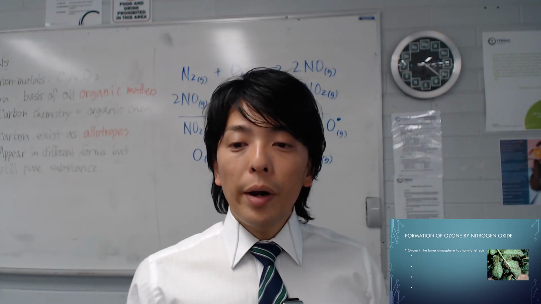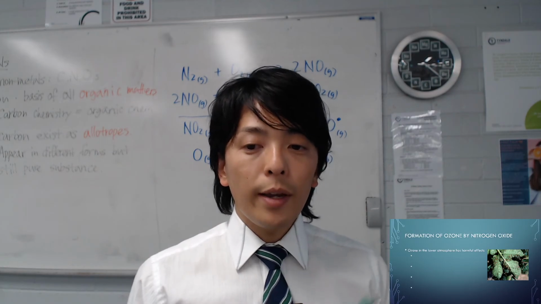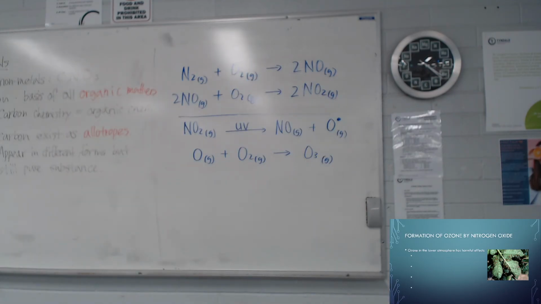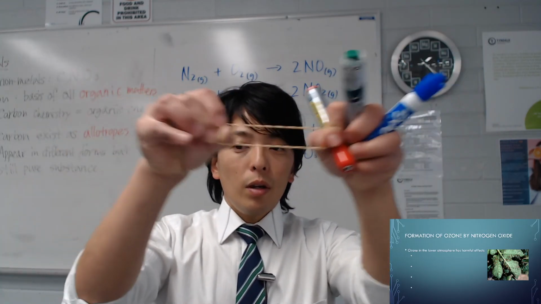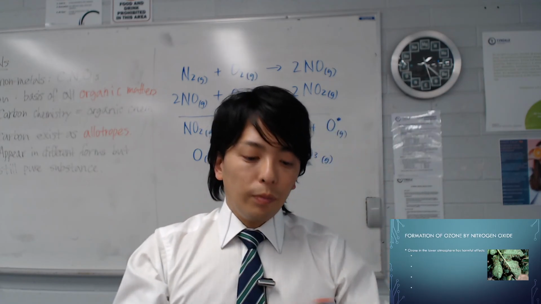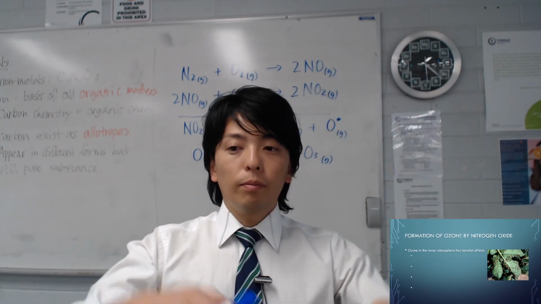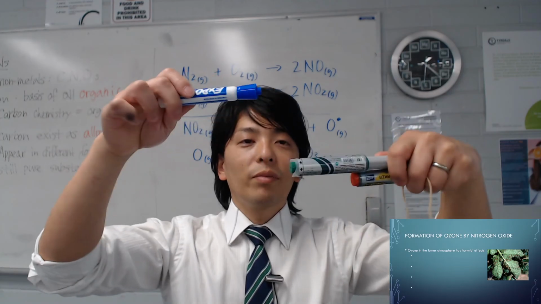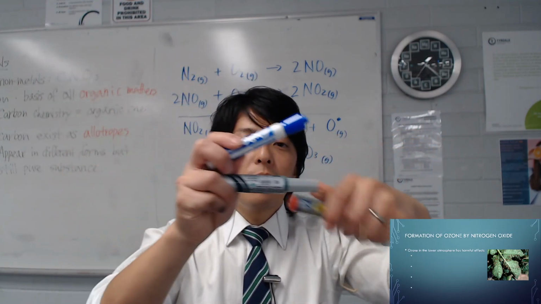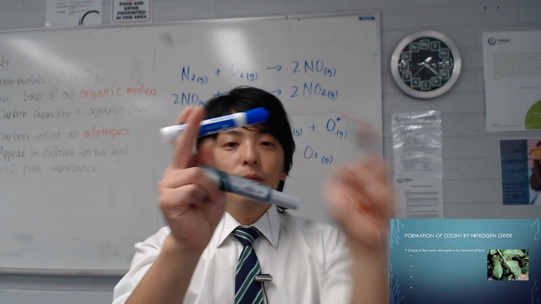Third one, breaks down the cross links in rubber and deteriorates them. Here's a rubber band. As you can see, it can stretch. That's because so many of these carbon bonds are connected with what's called cross links, like so.